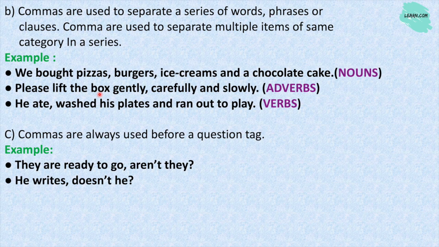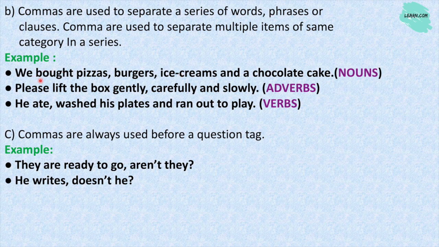Like in the examples, you can see in the first sentence I have used nouns, in the second I have used adverbs, in the third I have used verbs. So all these words belong to the same category. In the first sentence all are nouns, in the second all are adverbs, and in the third all are verbs. So the words belong to the same category, and that is why in such a case where multiple items of the same category are used, we separate them with the help of comma.